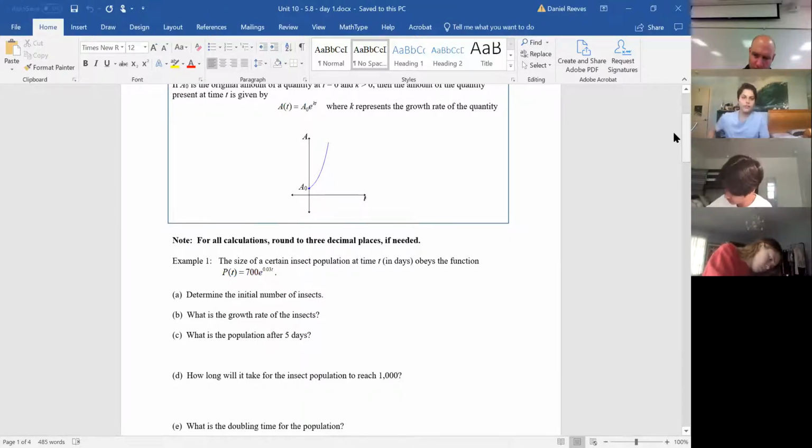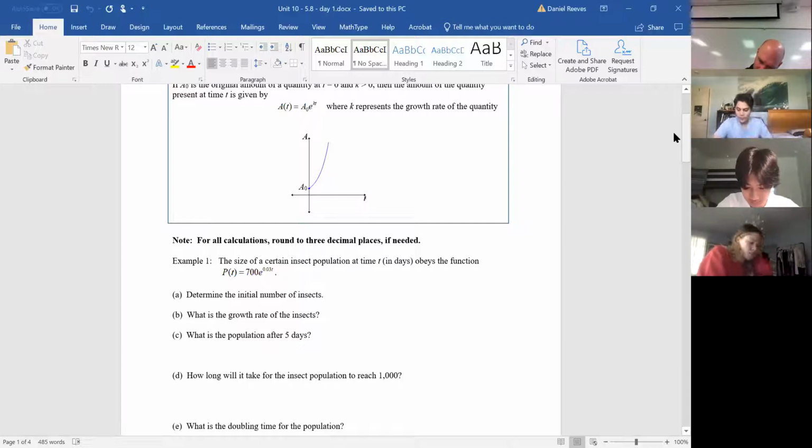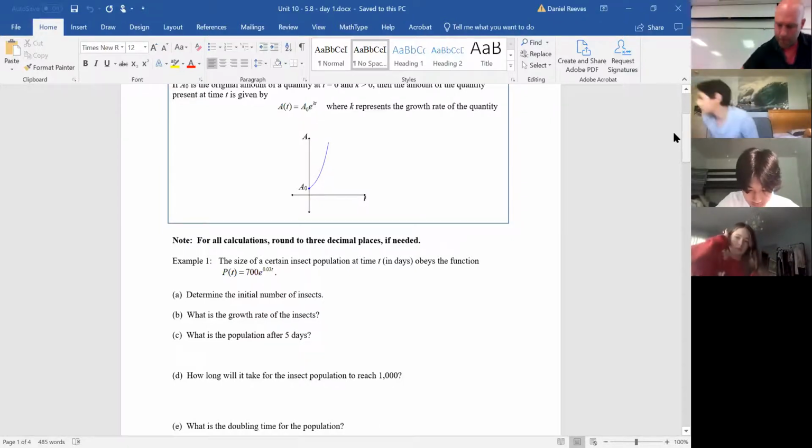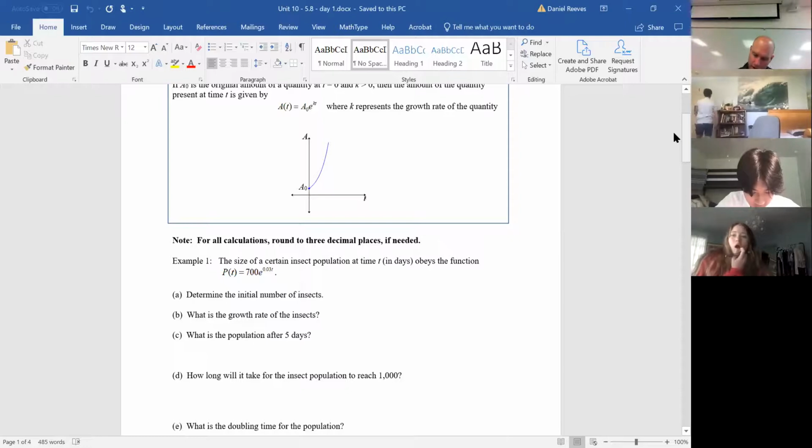And now we actually have to do a little bit of work in order to find the population after 5 days. And all I have to do is plug in that 5. So into my calculator, I'm going to put 700 e to the 0.15, which of course is the 0.03 times 5. And I have a myriad of these calculators here today.